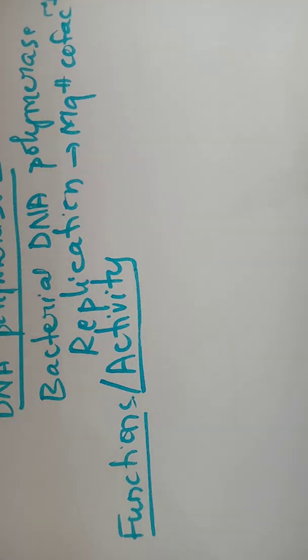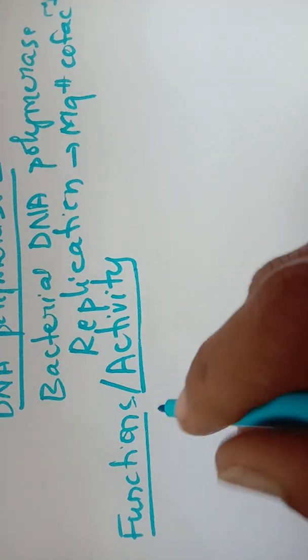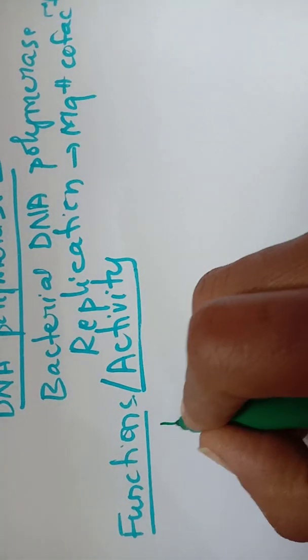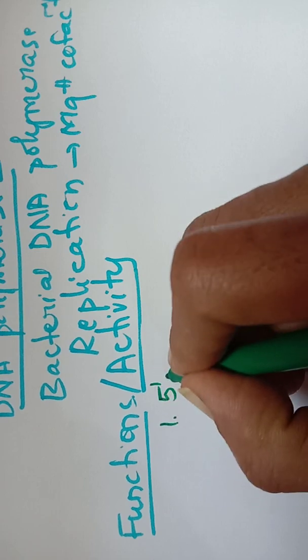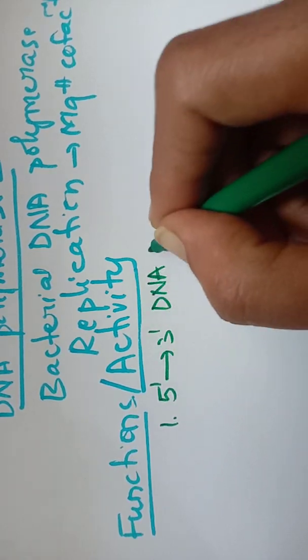Coming to the functions or activity of DNA polymerase 1, it has three major important activities. One is 5' to 3' DNA polymerase activity.